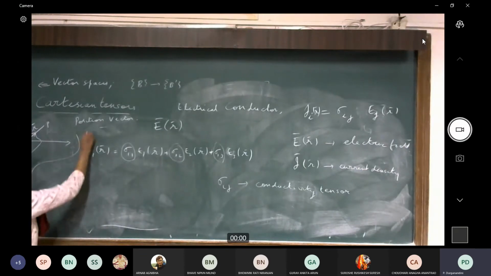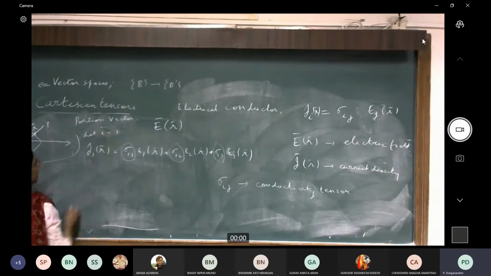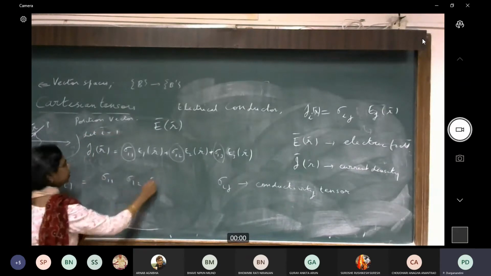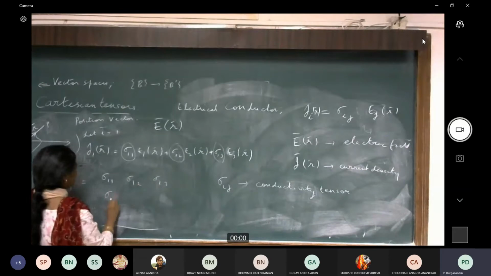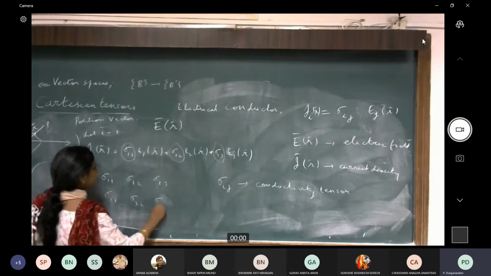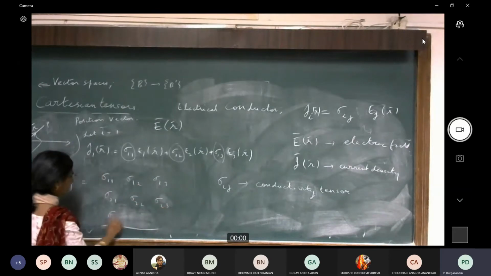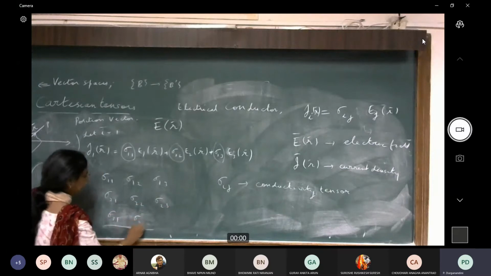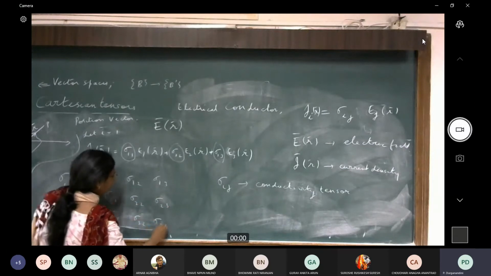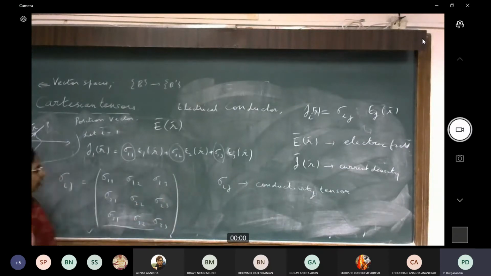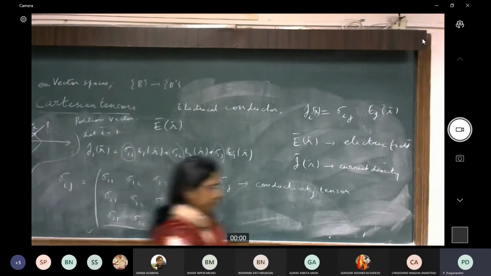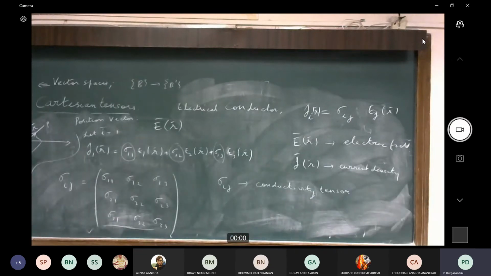So suppose I let Y equal to 1. If I look at sigma ij, then this is sigma 1, sigma 1, 2. Now suppose I tell you that this conductor is an isotropic conductor.